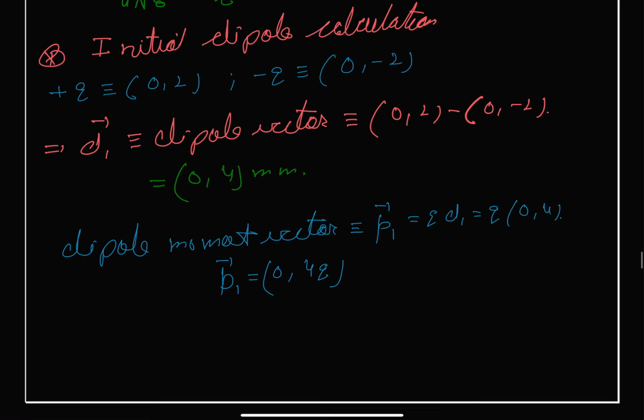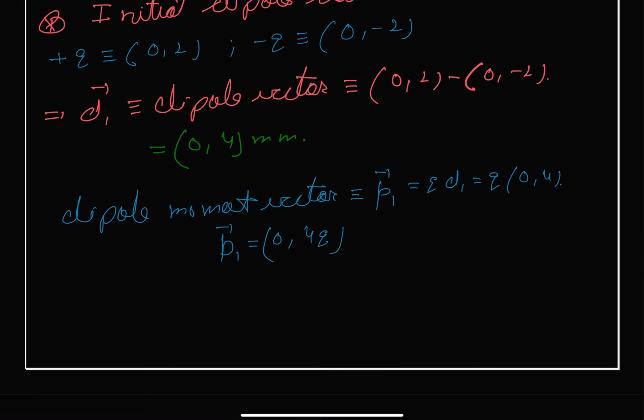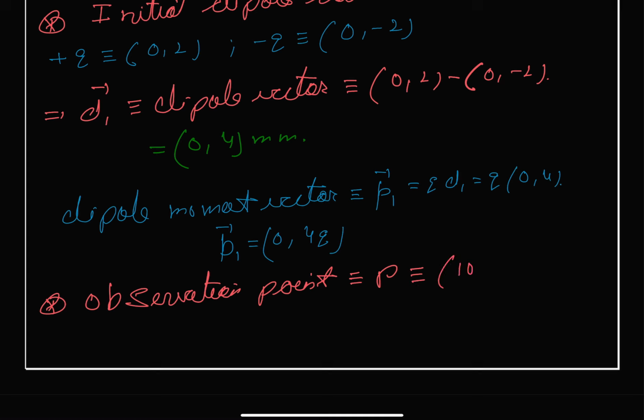Now the observation point, or the point where we need to find this potential, is P, which is given as (100, 100), and it is also in millimeter.